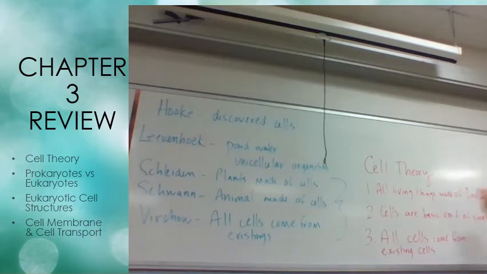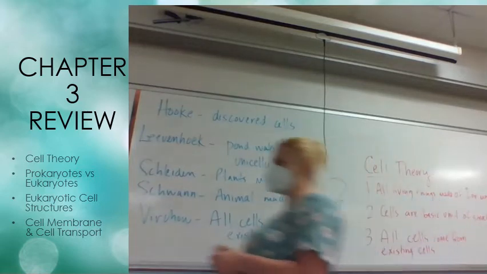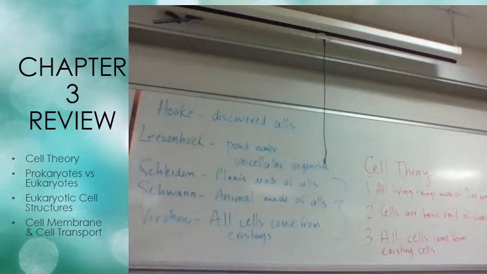So there's our cell theory. All living things are made out of one or more cells. Cells are the basic unit of structure and function in living things. And all cells come from existing cells or pre-existing cells.